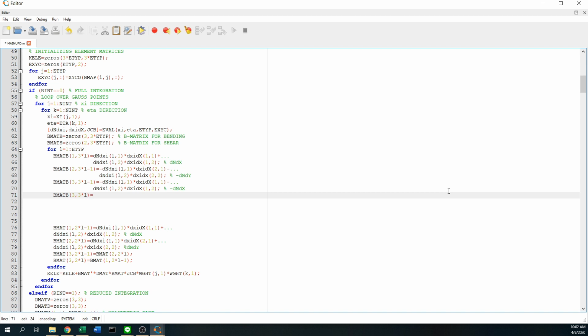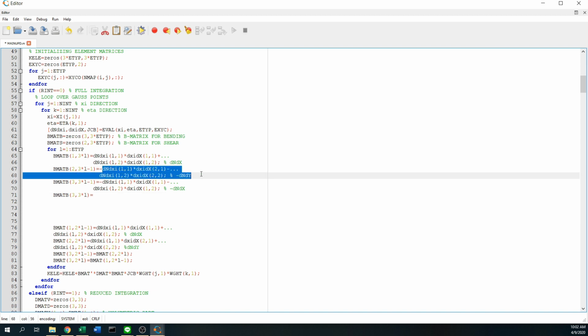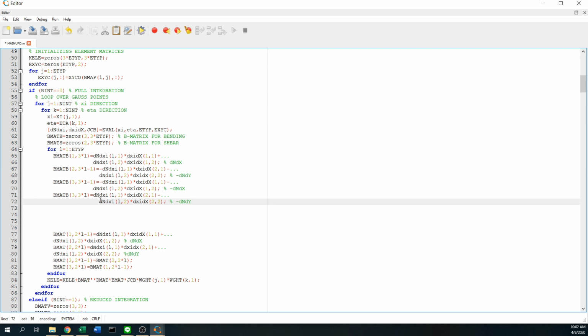It's going to be dn dy plus. Okay. This is the B matrix for bending.